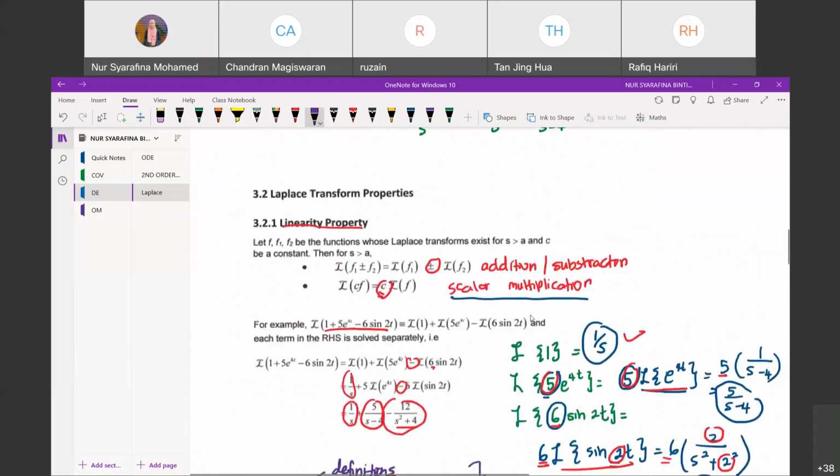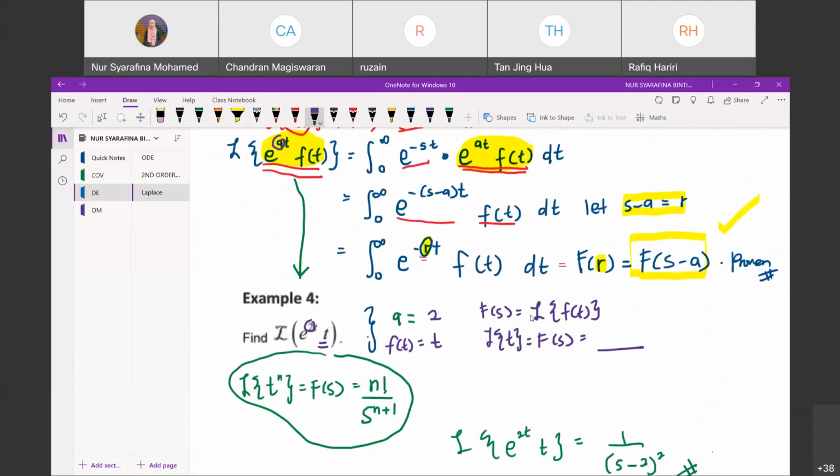Here t is to the power of 1, so n is 1: 1 factorial over s to the power of 1 plus 1 gives you 1 over s squared. So this is your F(s).